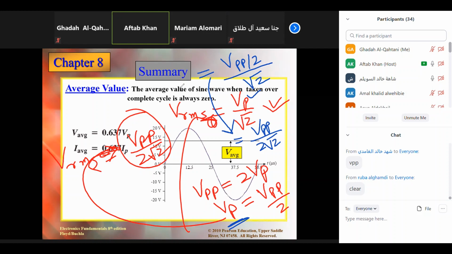Yes, Doctor, I understand it. Thank you. Easy? Okay, so I explained this one at that time. This is the way it comes from the relation. If you don't remember, you can first calculate the peak value and put it in the formula. Khalas.